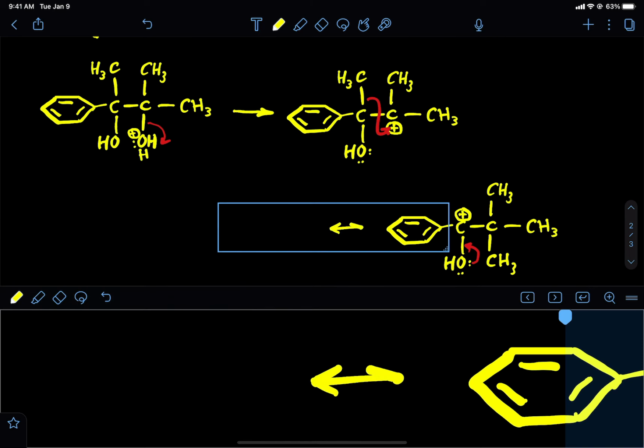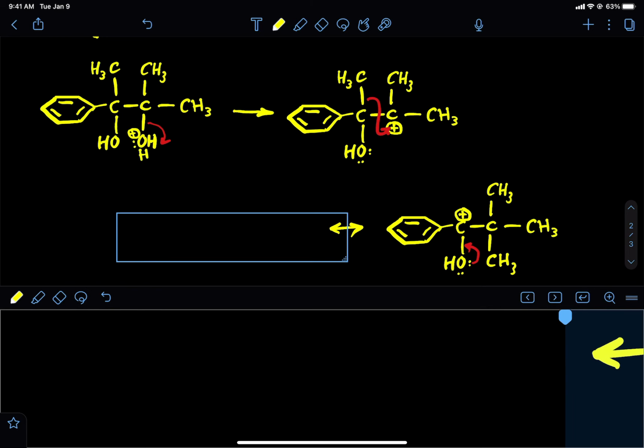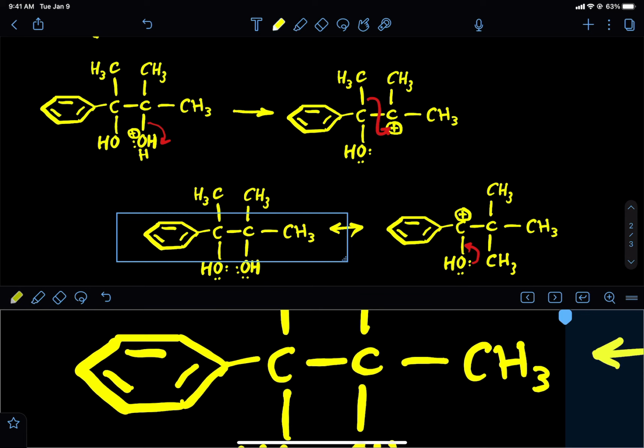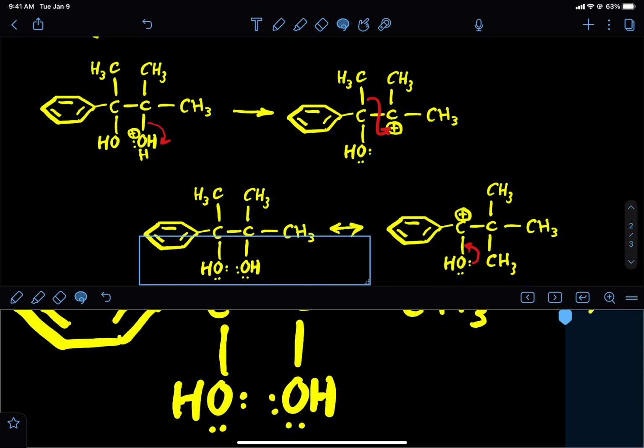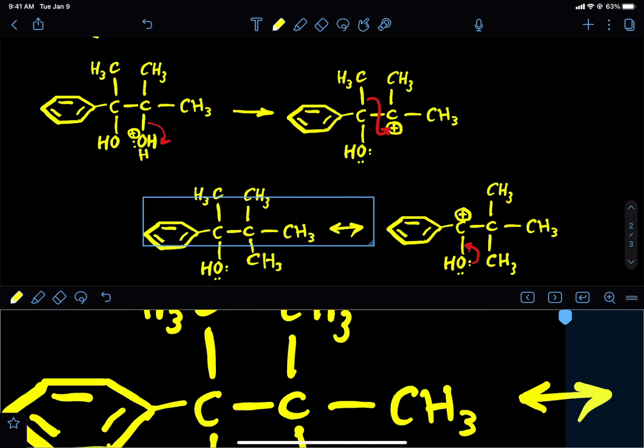So here we have resonance, making sure we use the resonance arrow, and don't confuse the resonance arrow with an equilibrium arrow. They mean very different things. So here's our product with our methyl.